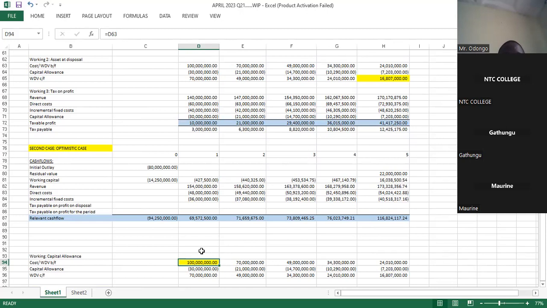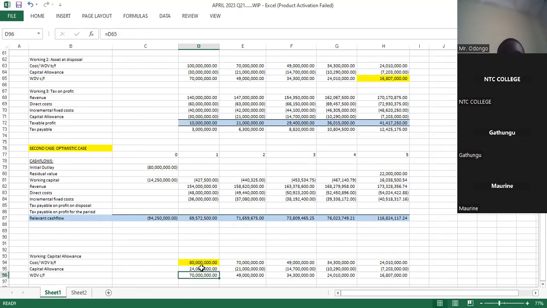We have seen that under the optimistic case, the 100 million initial investment reduced to just this 80 million. So I'll change this to 80 million shillings. Then capital allowance, we know that should be 80 million multiplied by 30%.